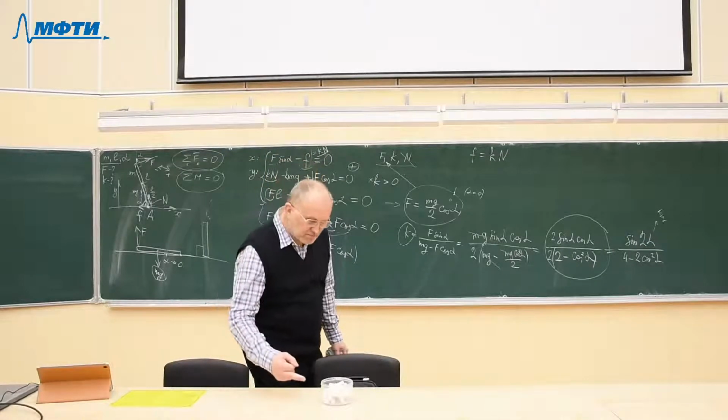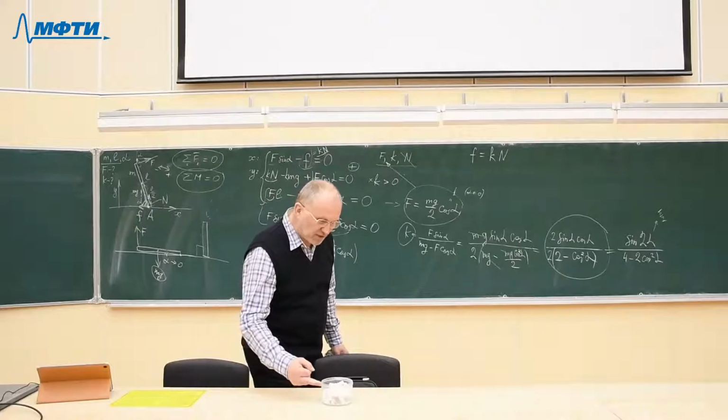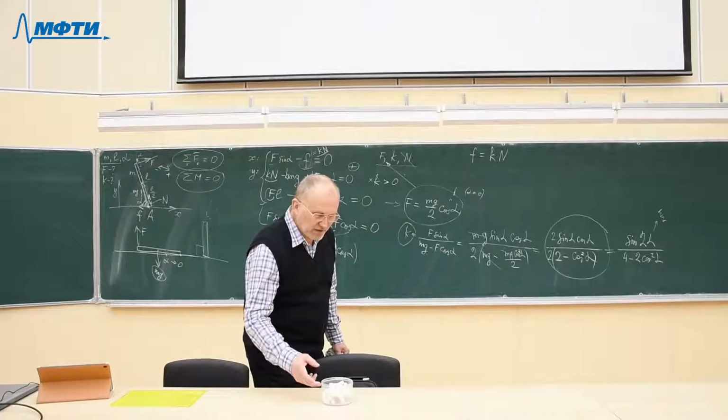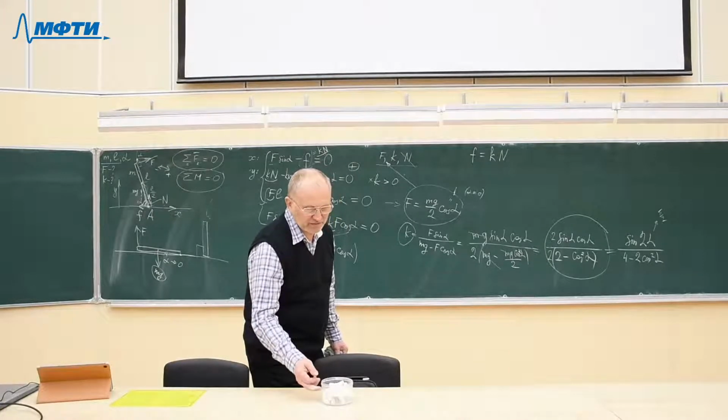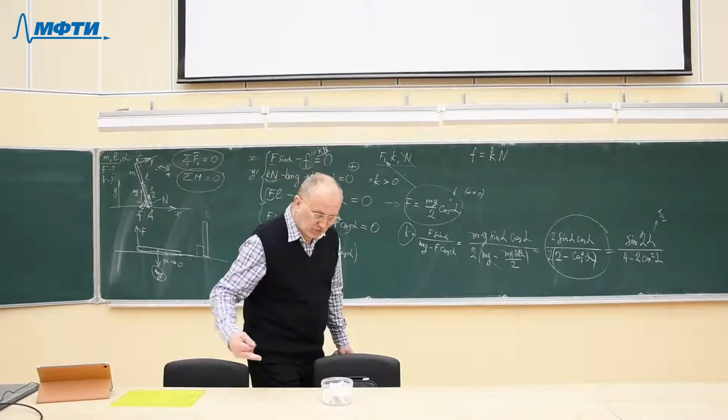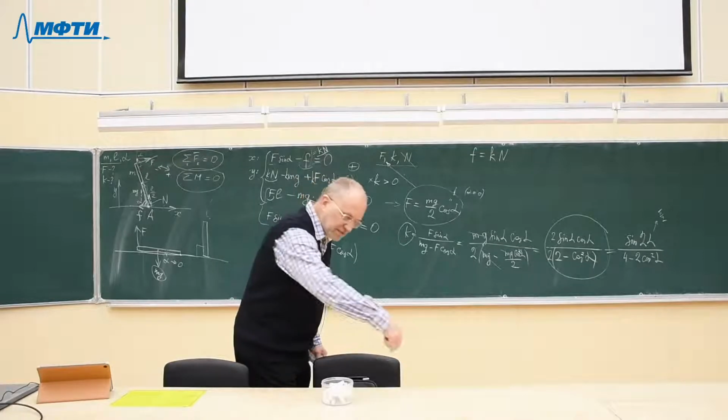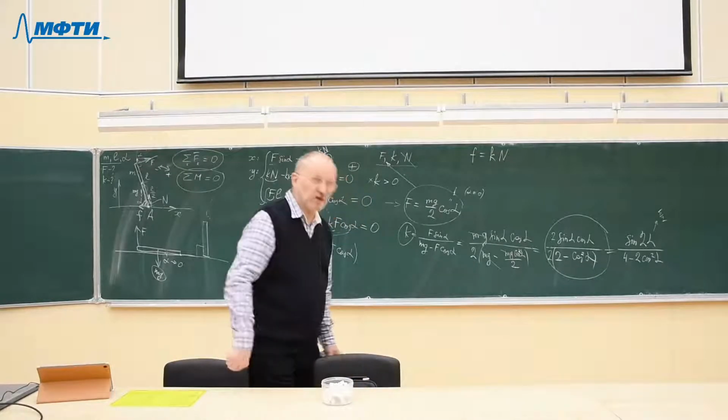Suppose I start pushing this object slightly sideways. If I apply only a small force, then it will not move. It will stay where it is. Because the force I apply here will be balanced by the force of friction directed in the opposite direction.